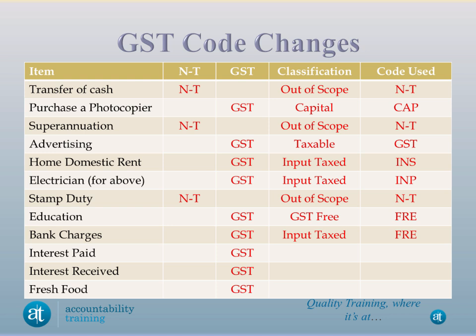Bank charges are a service that is provided by the bank. We now need to see this transaction from two sides: the financial services institution side and then our side. As the financial service institution is applying the charge, for them the code would be ITS. But from our side, we are simply seeing a GST-free charge.